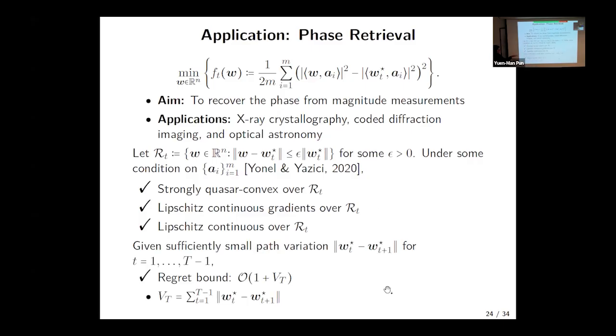And again, assuming the path variation is small, that is, the iterates would lie in the region that satisfies these properties at the next time step, then we can apply our results and establish the regret bound in terms of the cumulative path variation here.